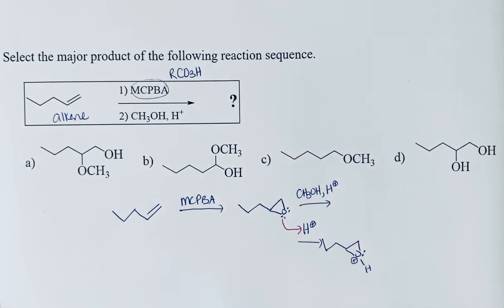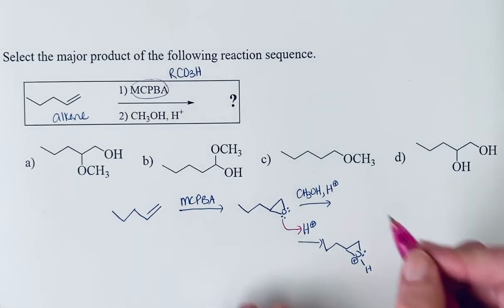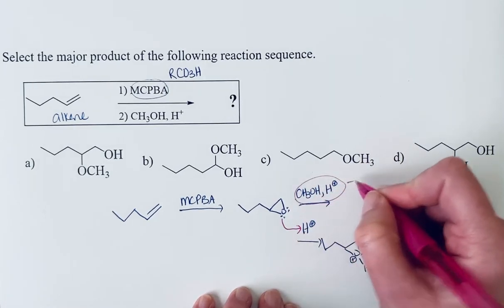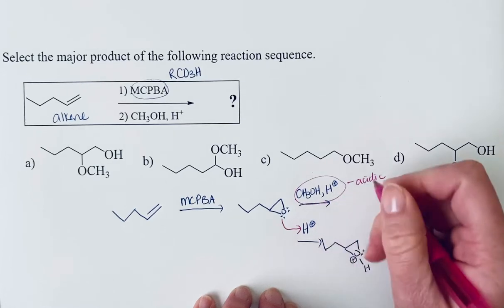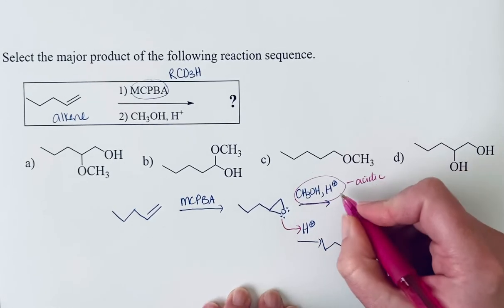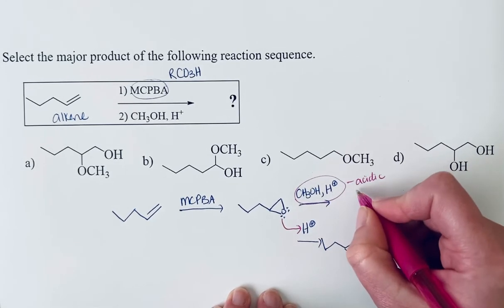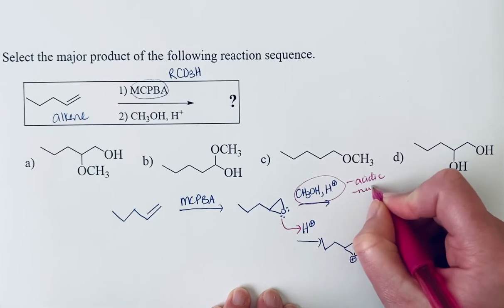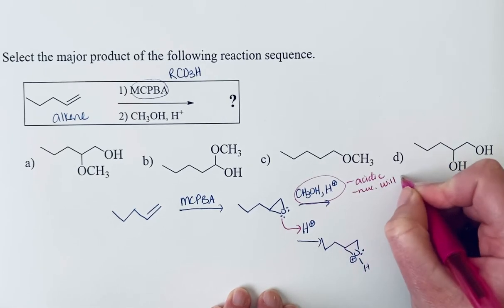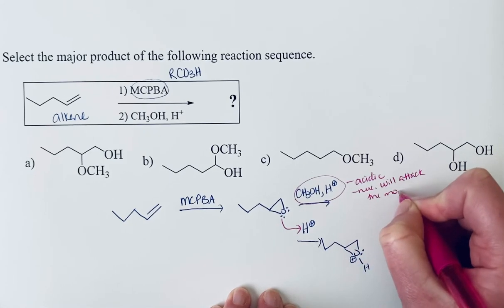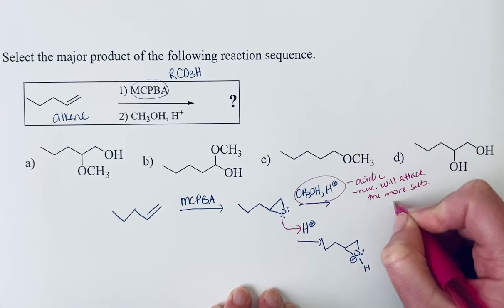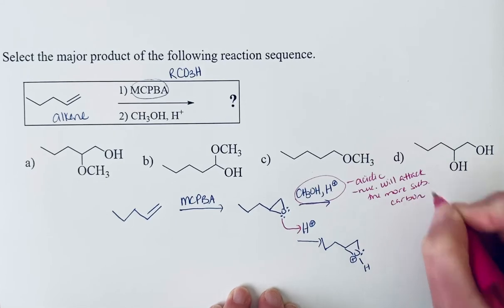So we have this protonated epoxide, and under acidic conditions, so these are definitely acidic conditions, we can see that by the H+, you will open the epoxide at the more substituted carbon. So the nucleophile will attack the more substituted carbon of that epoxide.